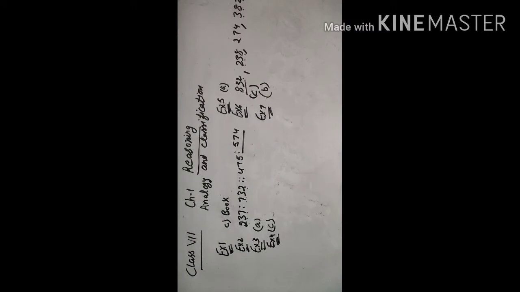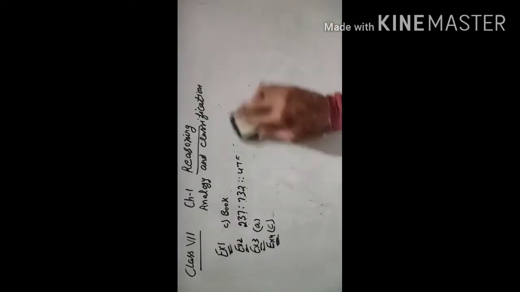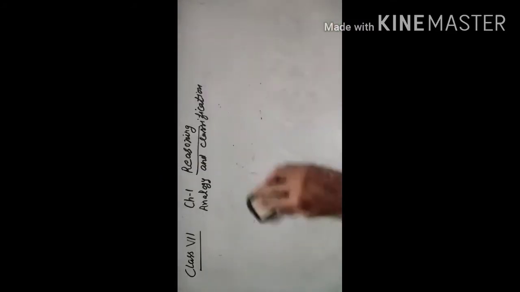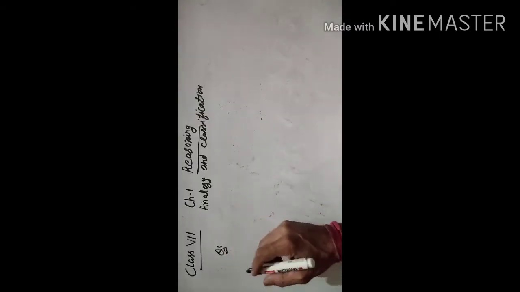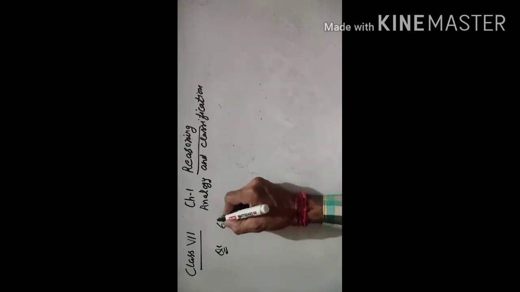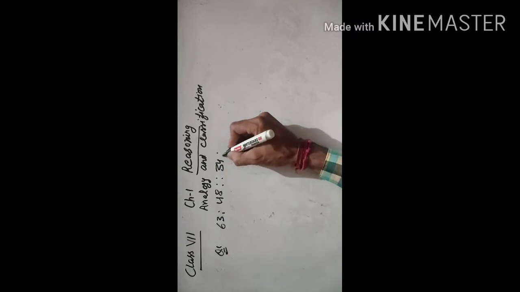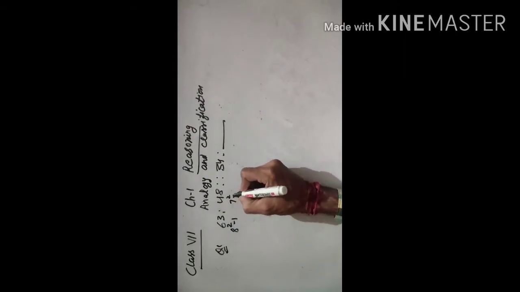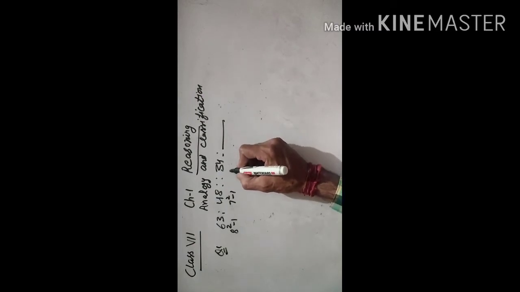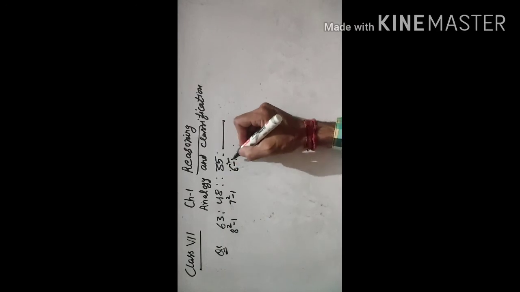Now come to exercise. Question 1 in exercise is 63 is to 48 is to 35, that we have to find. 63, if we see that 8 square is 64 minus 1, then 7 square is 49 minus 1, that is 48. 6 square minus 1, that is 35.